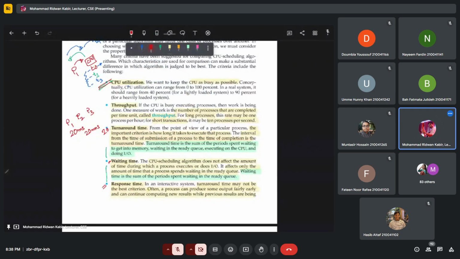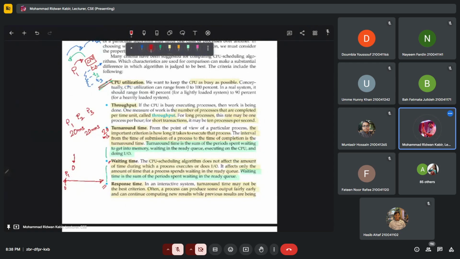So the thing is, when P1 arrives at the CPU, let's say it arrived at 0, in your timeline it starts from 0. So P1 arrives at time 0 and gets the CPU. So initially the waiting time of P1 is 0, because it is getting the CPU the moment it arrives.